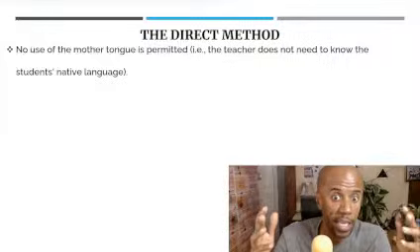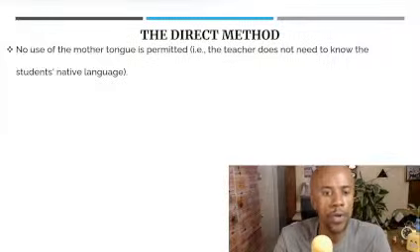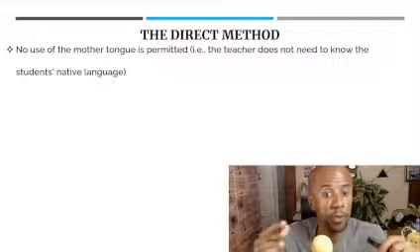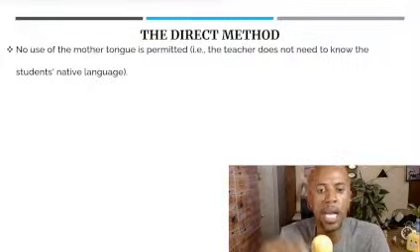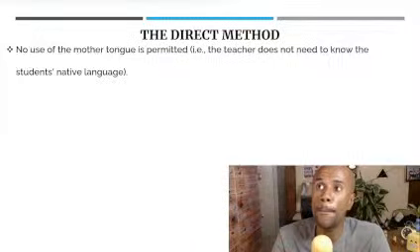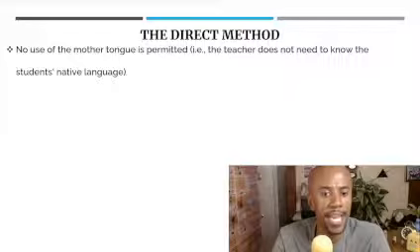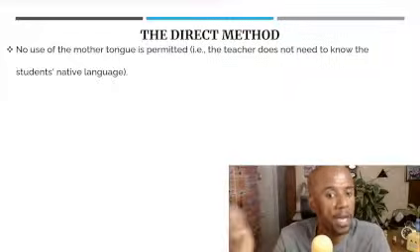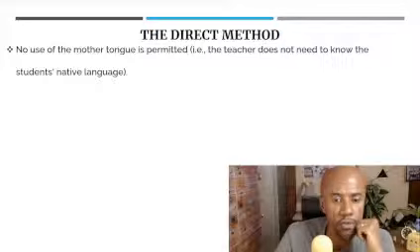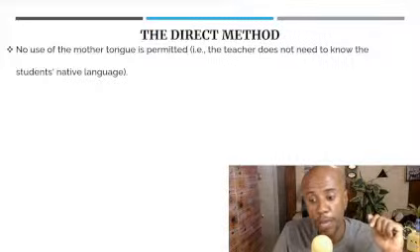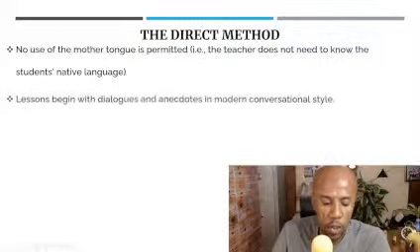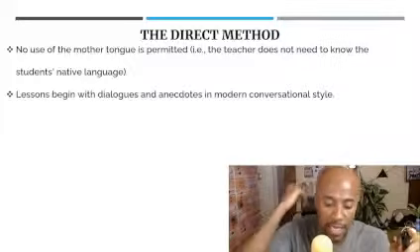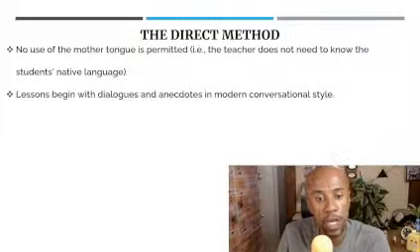So if you are learning English, it is preferable in the direct method that your teacher does not speak your native language, which is Arabic, and so he is going to be most probably a native speaker of English, American or Australian or British, for example. So he doesn't need to speak the native language of the learner. So lessons begin with dialogues and anecdotes in modern conversational style.